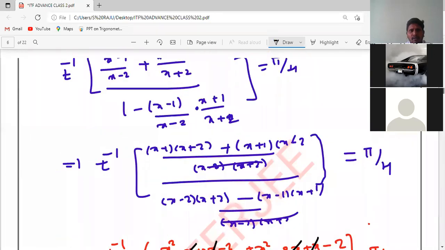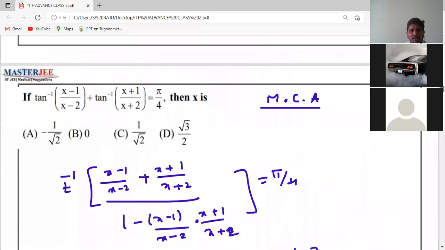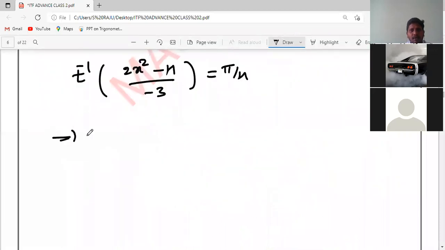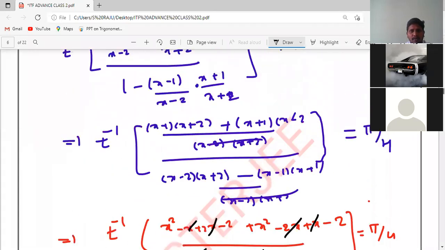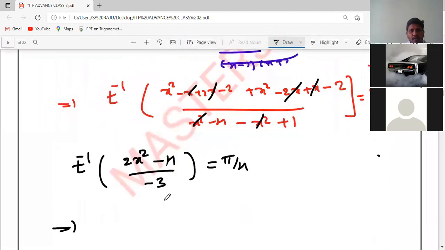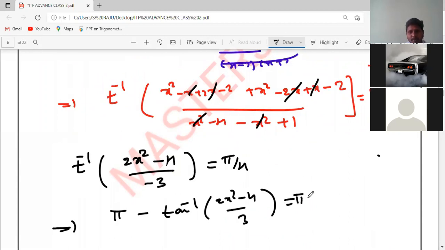And in this question, here we are going to get minus 3 value. Actually here x square minus 1 by x square minus 4 value is greater than 0. Here this can be written as pi minus tan inverse of 2x square minus 4 by 3 is equal to pi by 4.